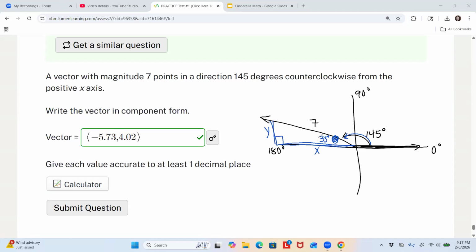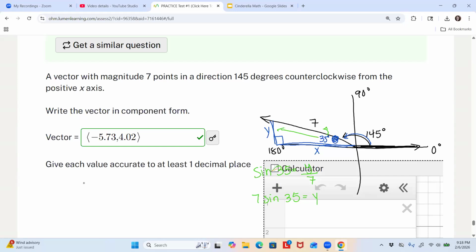This would be the opposite, and then that's the hypotenuse. So sine of 35 is y over 7. So times by 7, so 7 sine of 35 is your y. And then put that into the calculator, make sure you are in degrees.